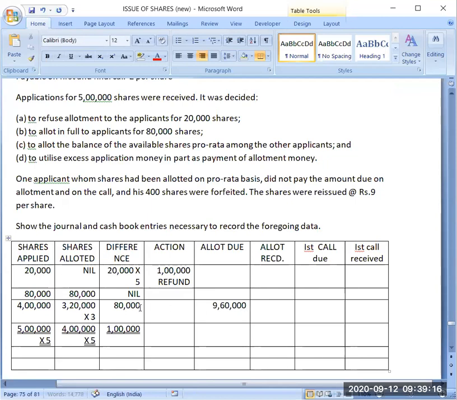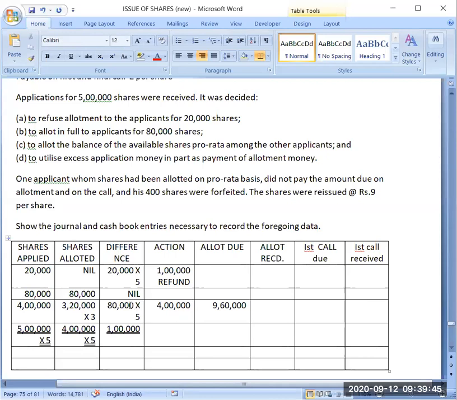Now I can decide. 9,60,000 I need, and I have only 80,000 excess money. Sorry, 80,000 multiplied by 5. I will multiply this by application money. So how much excess am I having? I am having 4 lakh rupees. So obviously this 4 lakh I can use on allotment.